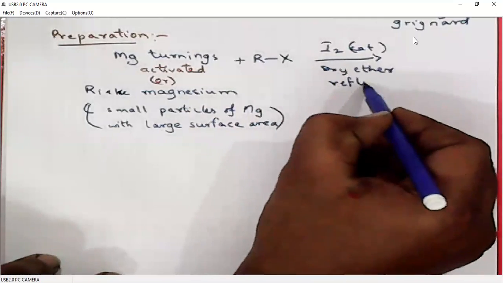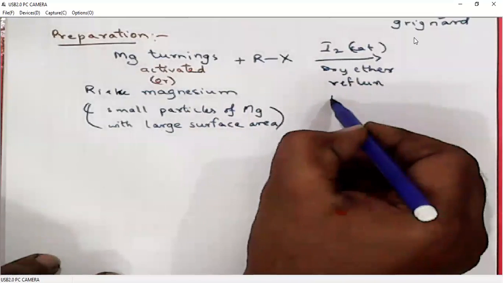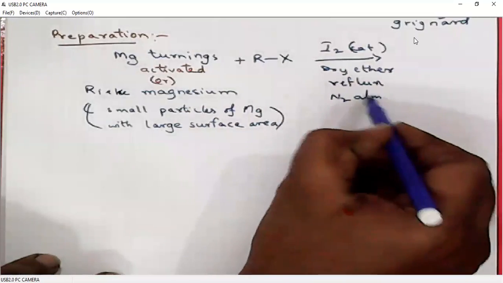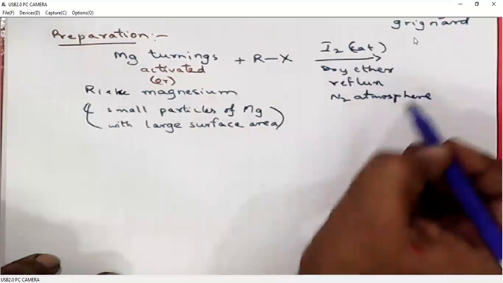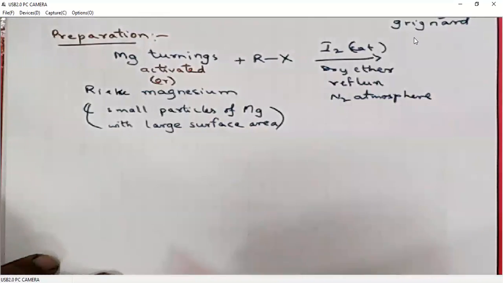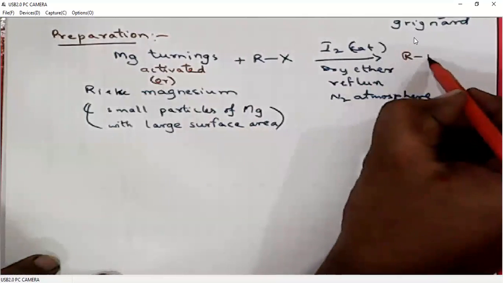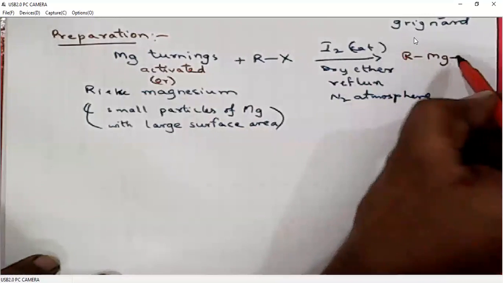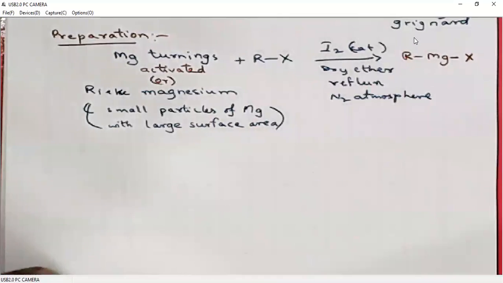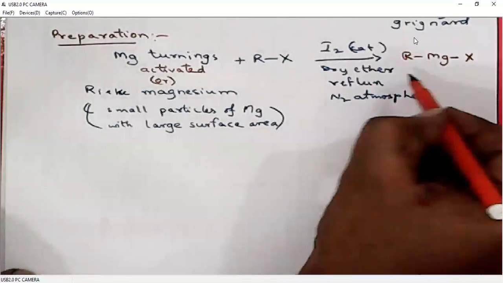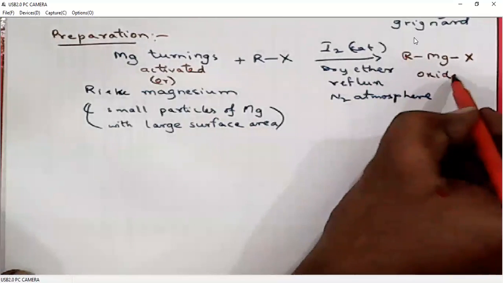Then we will reflux it under a nitrogen atmosphere. So what we will get is the Grignard reagent, RMgX. Generally, it will undergo an oxidative addition process.